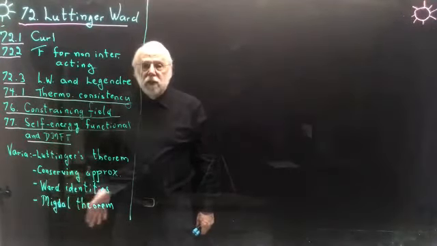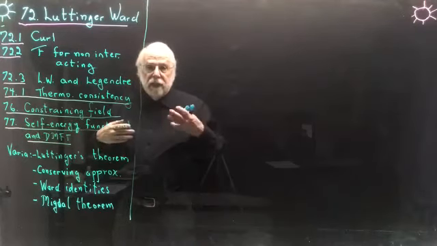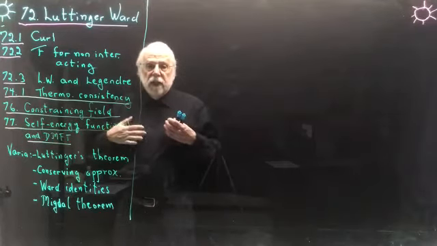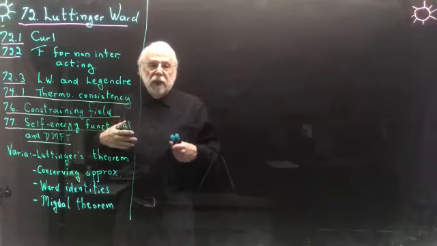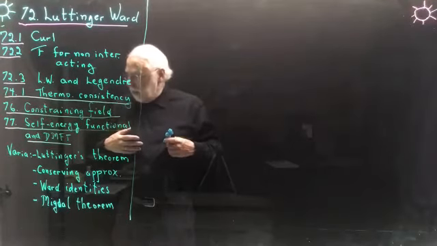And in addition, there's a slight generalization of this that allows us to derive the dynamical mean field theory in a way that is very general and I find extremely interesting.